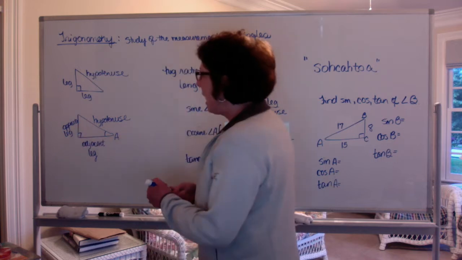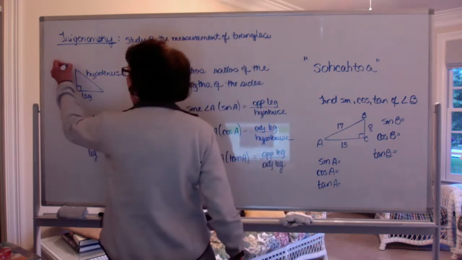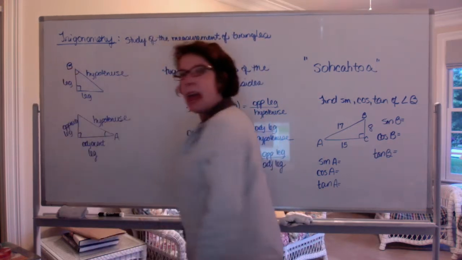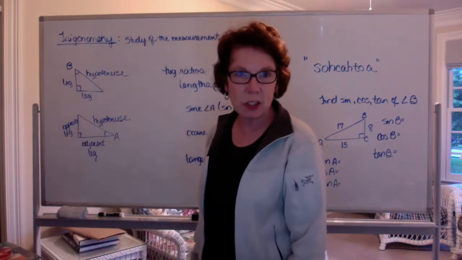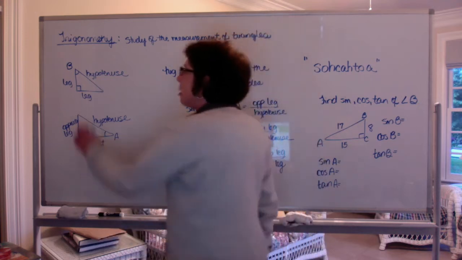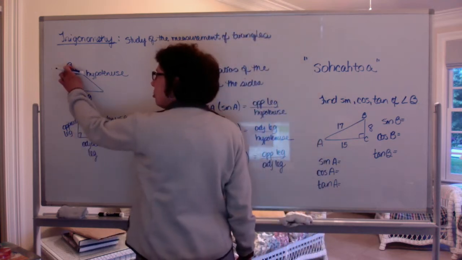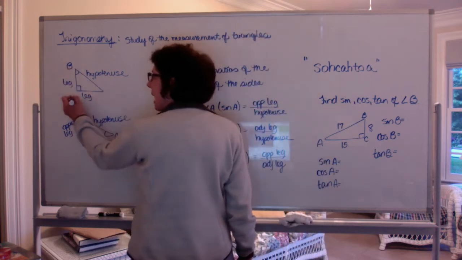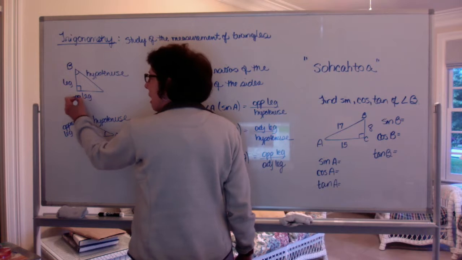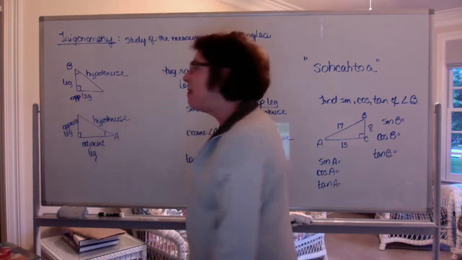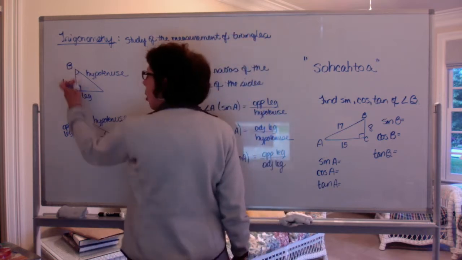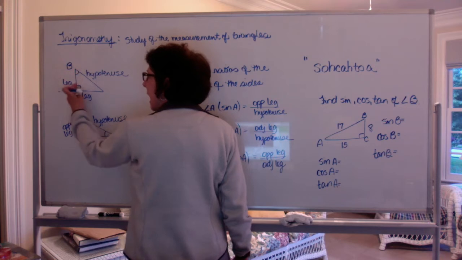Now, let's go ahead and label this angle up here angle B and figure out which are my adjacent and opposite legs. So for angle B, let's first go straight across. This leg is the opposite leg for angle B. And the adjacent leg is going to be this leg right here.